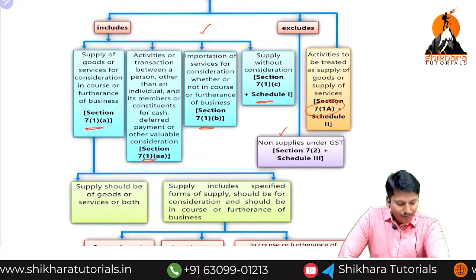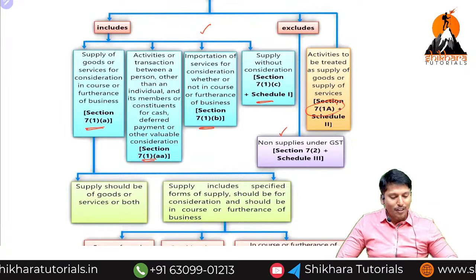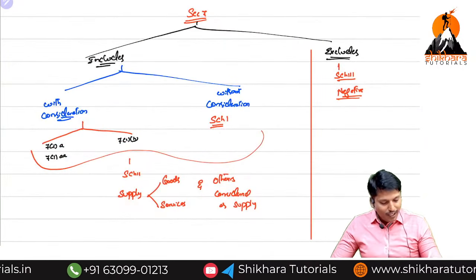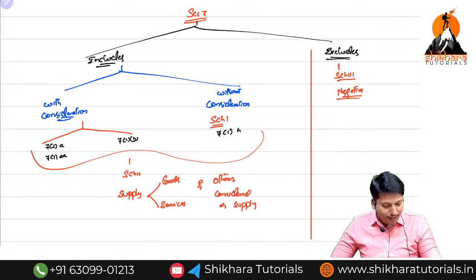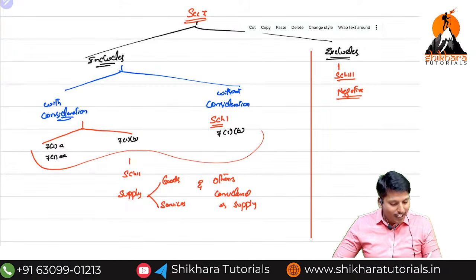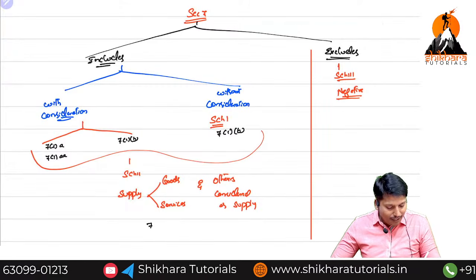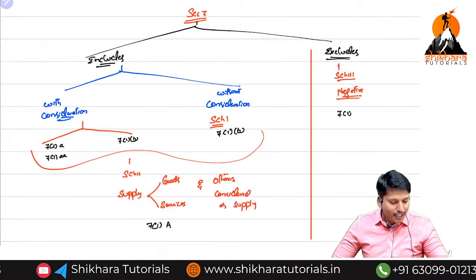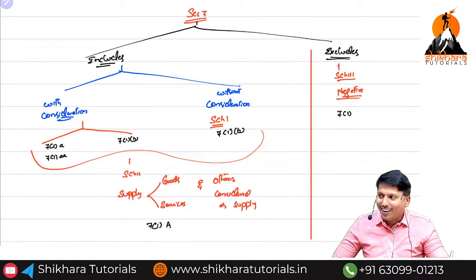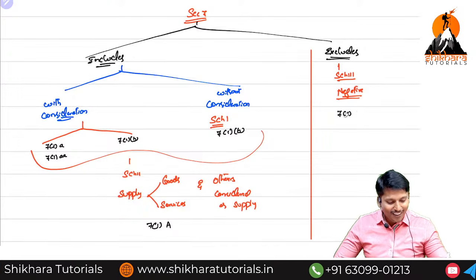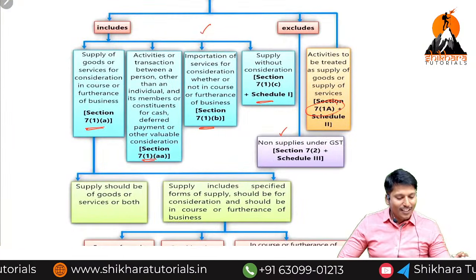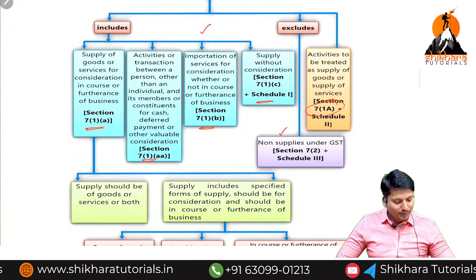And 7(2) is schedule 3, the negative list. What is the negative list?